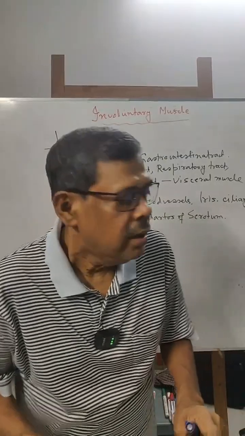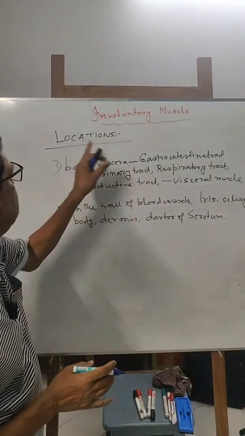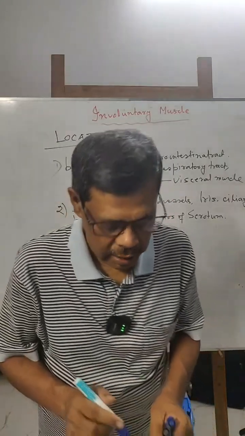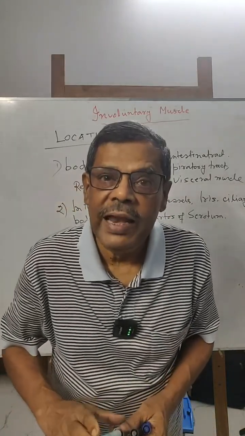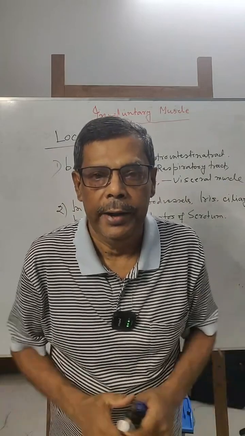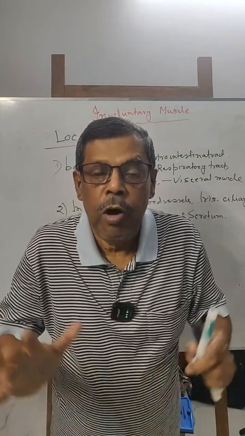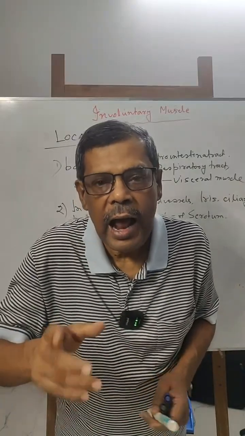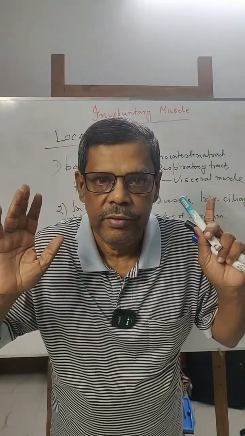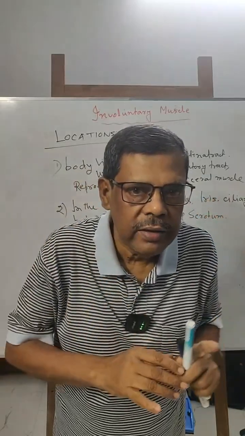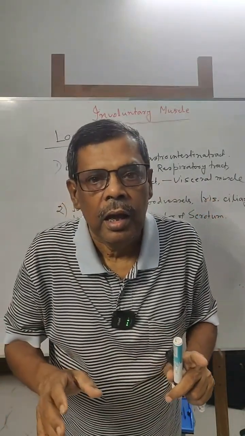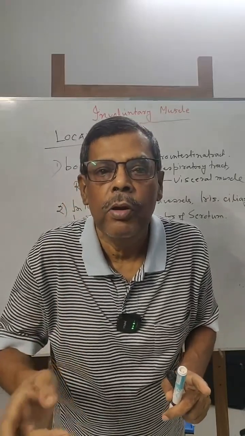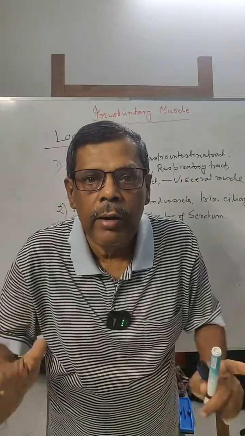These are the organs where involuntary muscle is located. Generally, it forms the layers of hollow organs, circular and longitudinal layers.